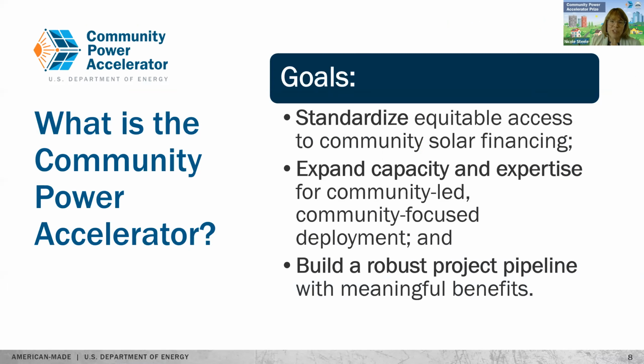And one was standardizing that process when folks are having conversations with lending institutions. And so one of the things we heard was, X organization would go to X lender and they would ask for X, Y, and Z. And then they would go to another lender and they would ask for A, B, and C. And so it was just incredibly difficult to continue to have those types of conversations since everyone was asking for different information.